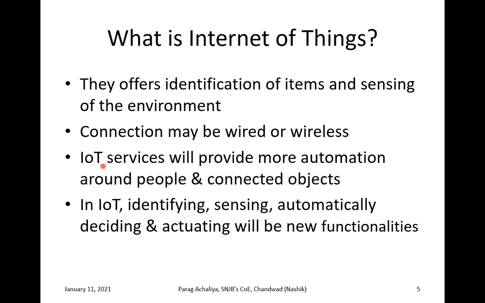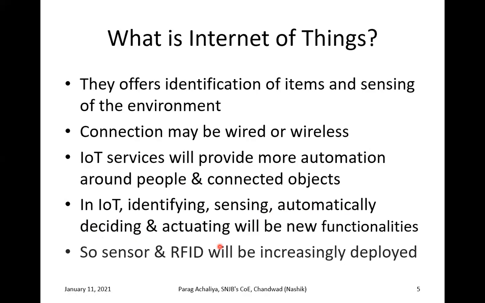Sensing means you are going to sense the environment condition. On the basis of those environment conditions, there will be decision making. The decision making will be automatic, or automation. The decision will be taken care of automatically and you are going to actuate things.